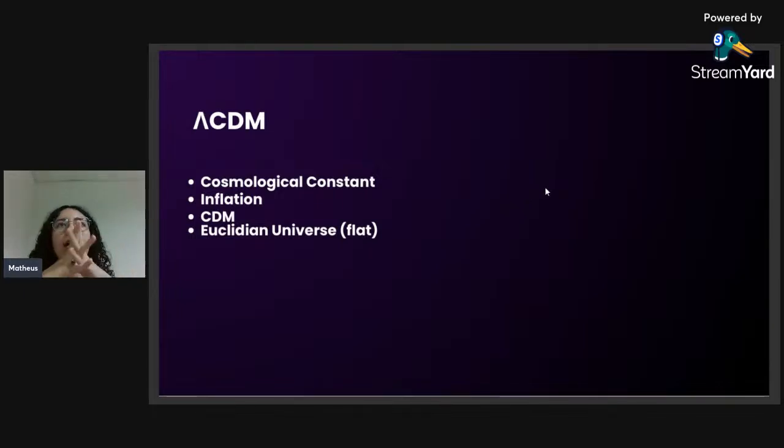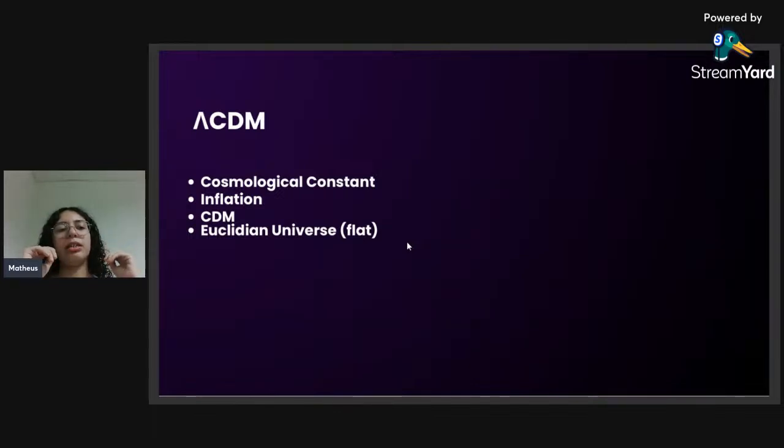So that's why we need a model in cosmology that we call lambda CDM, where CDM means cold dark matter. We consider some ingredients in this model: the cosmological constant, the part of inflation that can try to explain how the universe was expanding exponentially in the beginning, and the CDM, the cold dark matter, that can help us understand how these structures were formed.